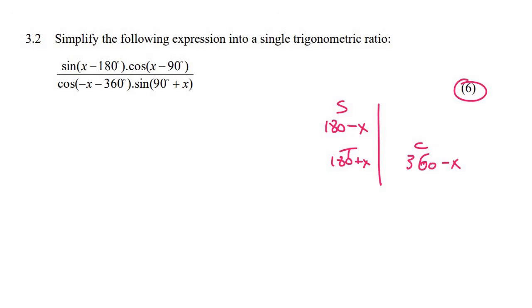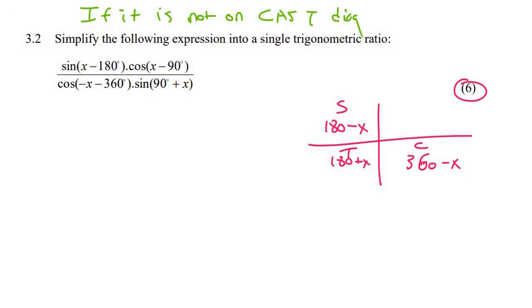We only have 180 minus x. So what we do, now remember the golden rule. If it is not on the CAST diagram, you can add or minus 360 as many times as you need to until it is on the CAST diagram.